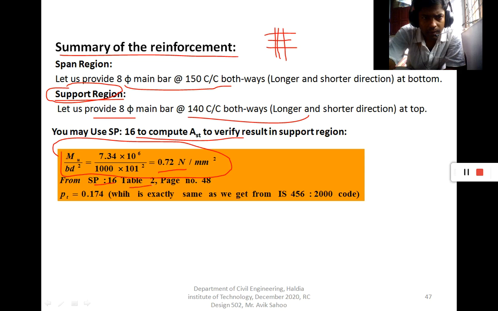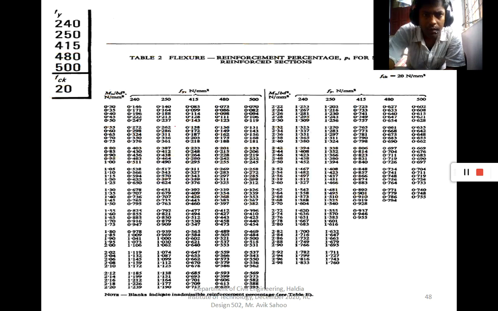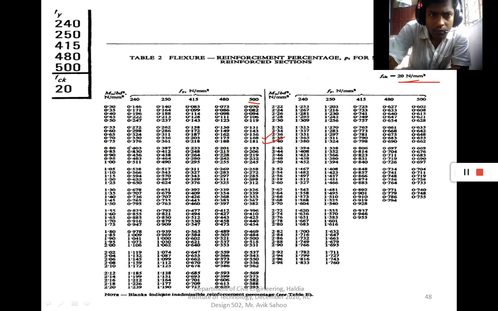From SP16 Table 2, page number 48, for 0.72, which is between 0.70 and 0.75, for grade of steel 500 and grade of concrete M20, for the intermediate value we do linear interpolation, and we get the PT value.